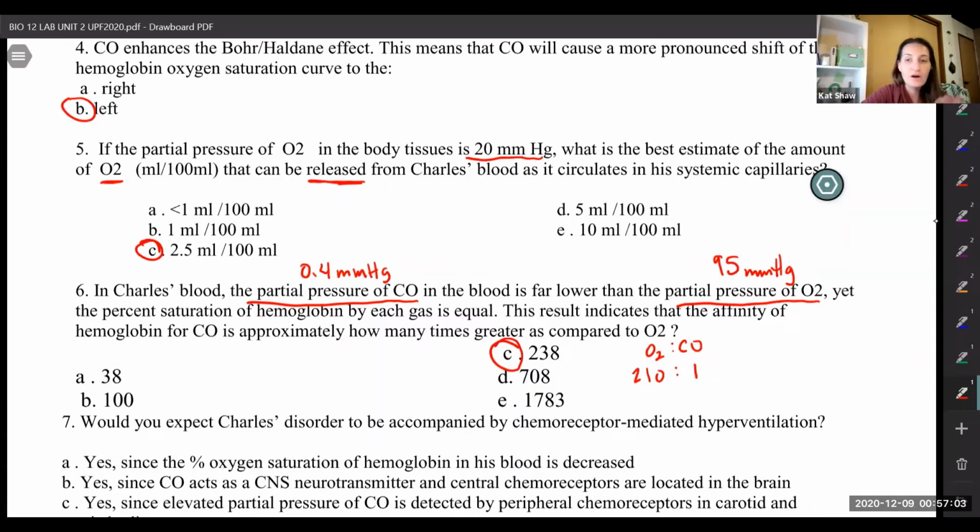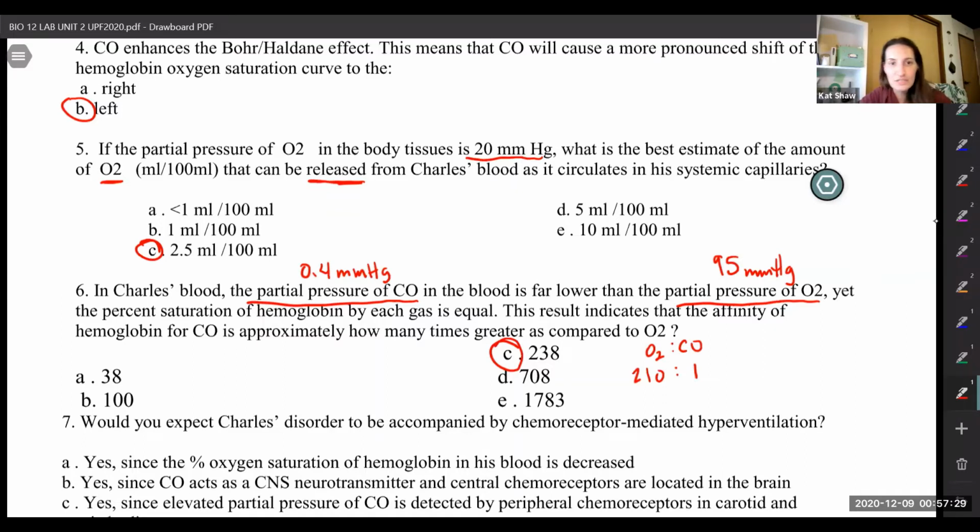That's how much the affinity for hemoglobin compares to oxygen. It's much, much higher. So we would do the same setup here, but as Becky says, we can use the partial pressures because they indicate something according to Henry's law about the concentrations of these gases.